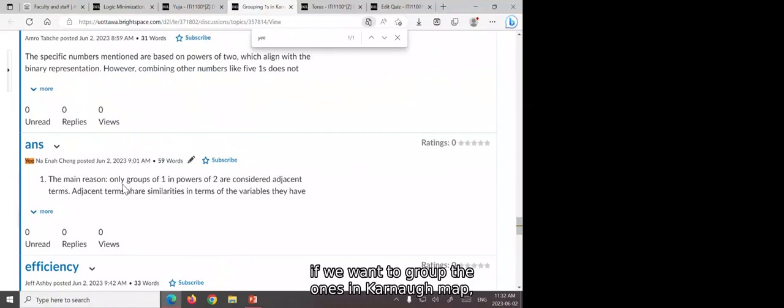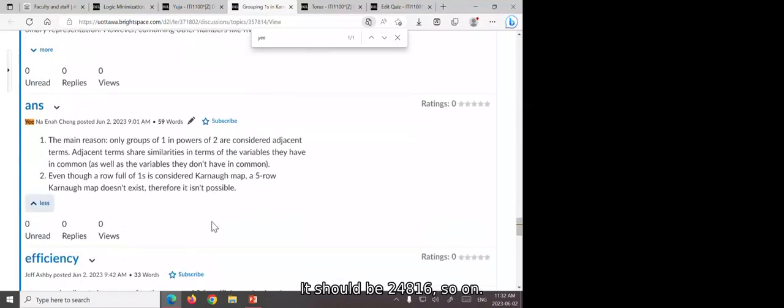if we want to group the ones in a Karnaugh map, we could have only limited choice. We cannot use any number of ones. It should be 2, 4, 8, 16, and so on. What is the reason? So Ina is saying that the main reason is that only groups of ones in powers of 2 are considered adjacent terms.